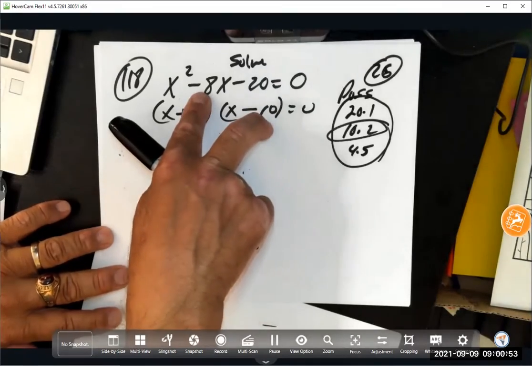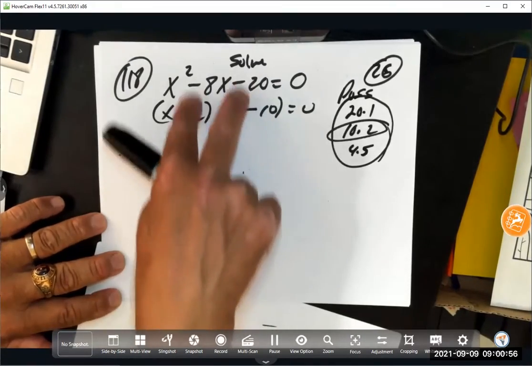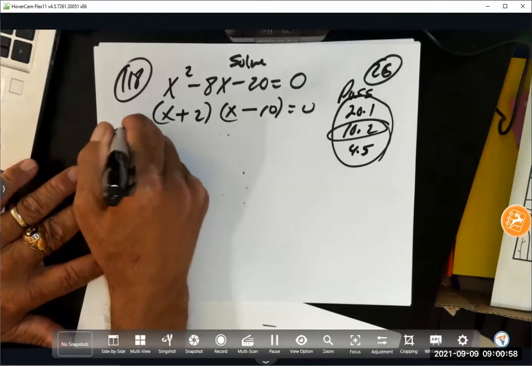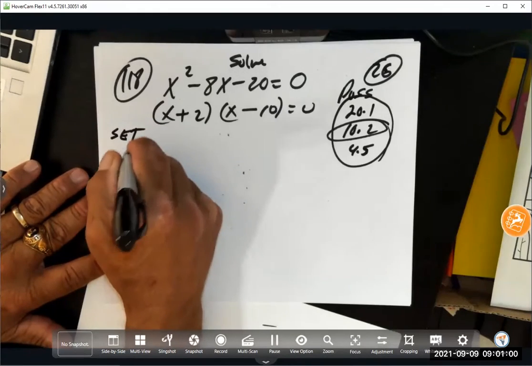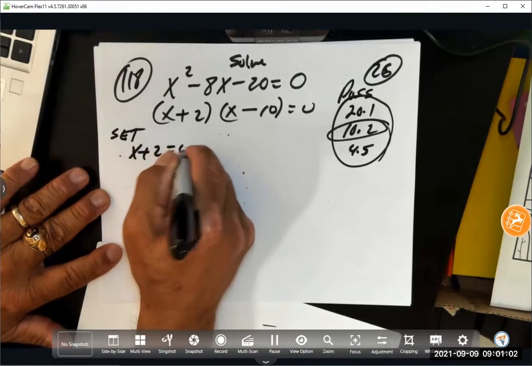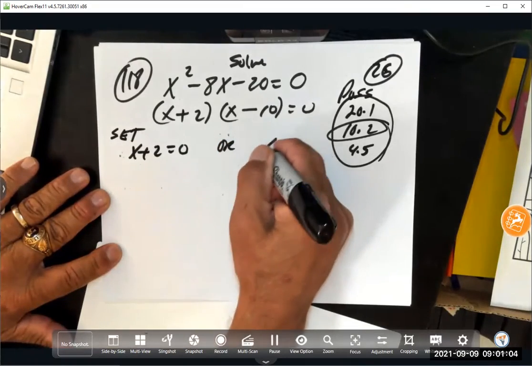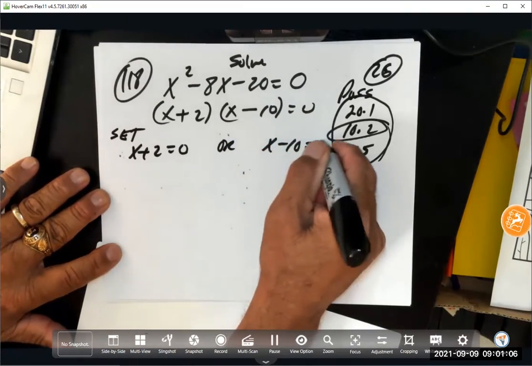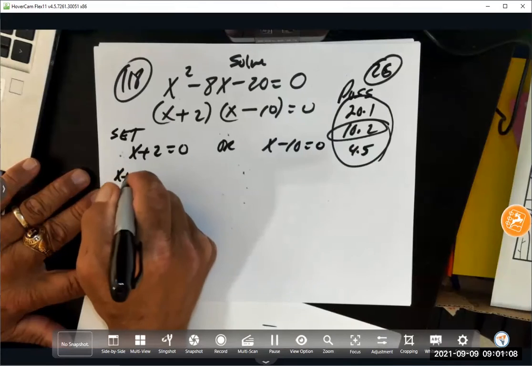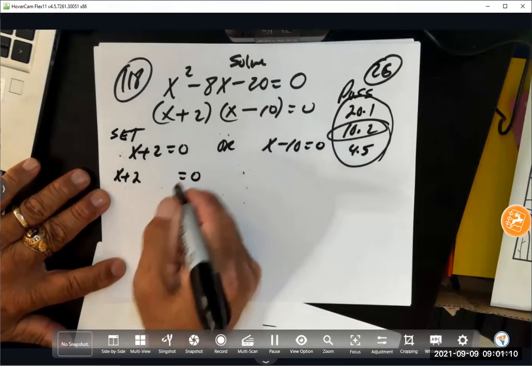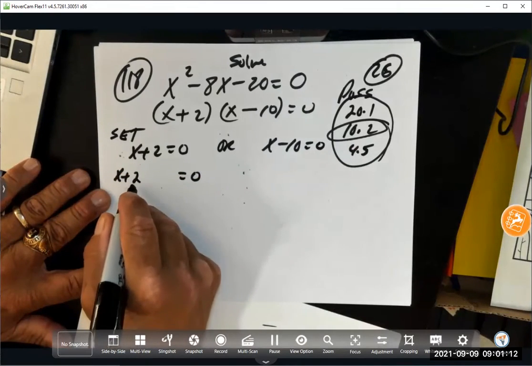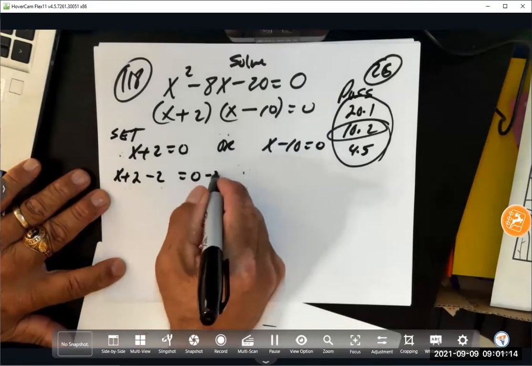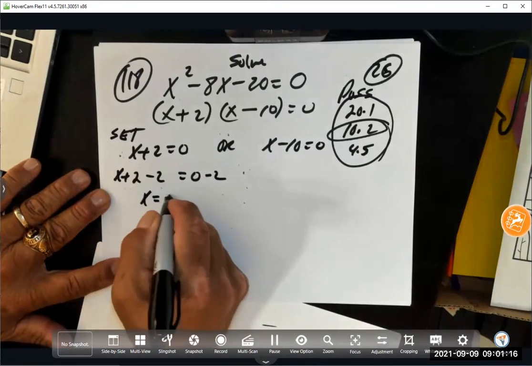So what you have in the middle, right? So this one and this one are the same. So now you can set it up. You can say, you know what? X plus 2 is 0, or x minus 10 is 0. So x plus 2, what do you do to both sides? Subtract 2. Yes. So x is -2.